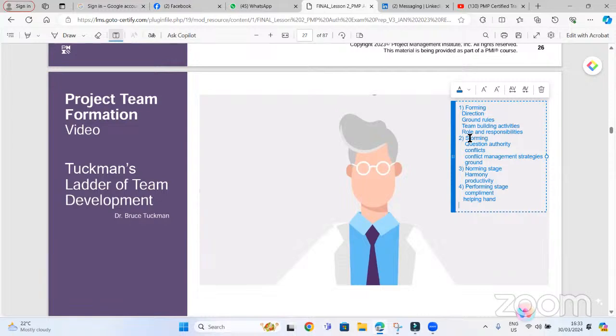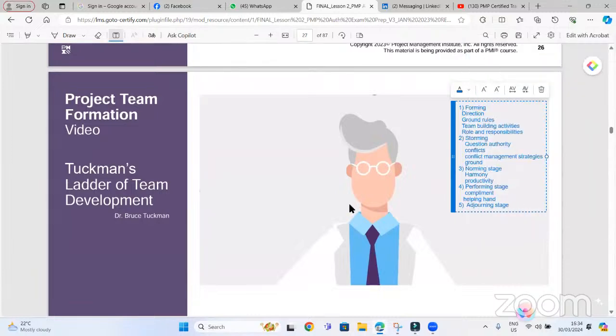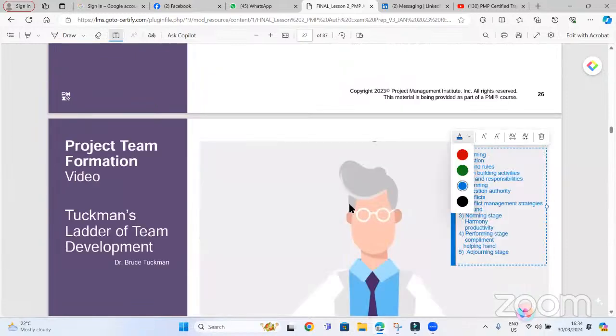Now, Bruce Tuckman also said that a project has an end date, so the teams which are formed for the project also leave each other, and that stage is categorized as adjourning. So the adjourning stage is where we celebrate our success, and any lessons that we learned along the way.